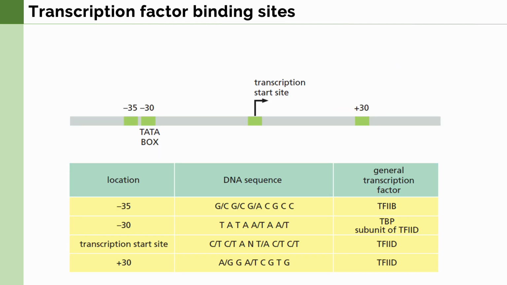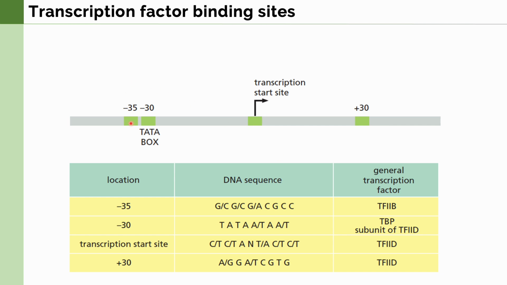Before moving on to the other general transcription factors, let's talk about the different transcription factor binding sites. In this table, we can see the different transcription factor binding sites for both TF2B and TF2D. For TF2D, the largest and most important transcription factor, there are actually 3 binding sites.